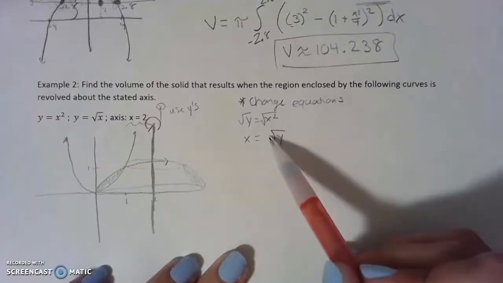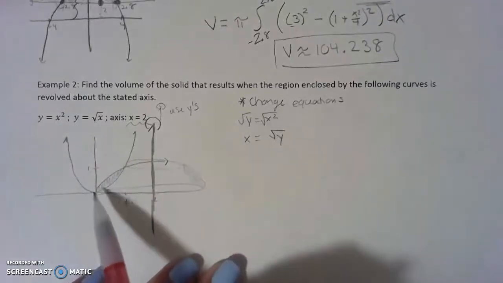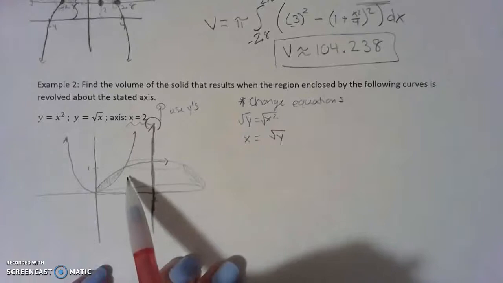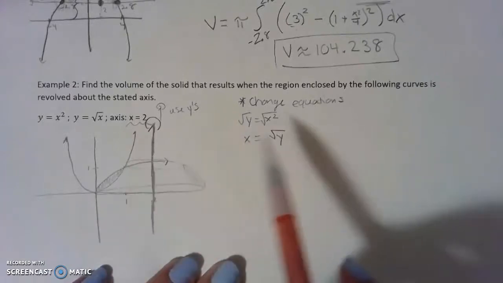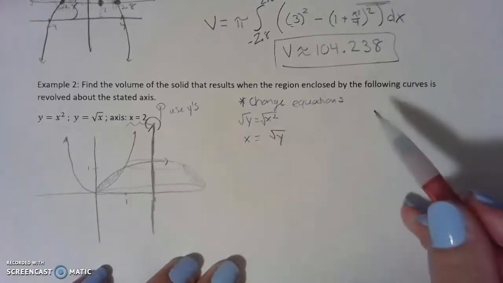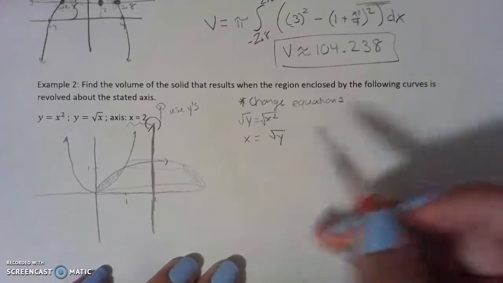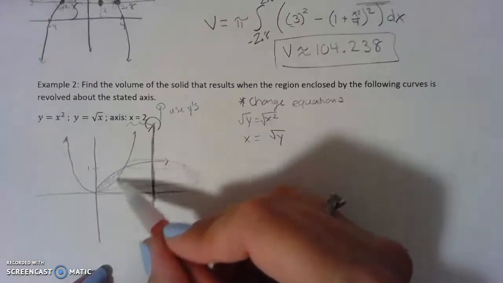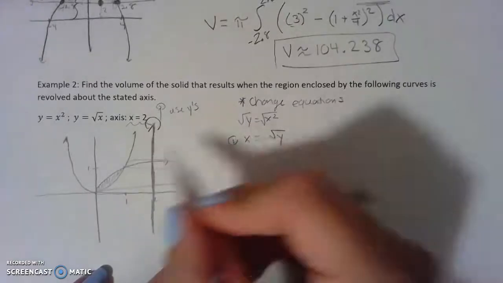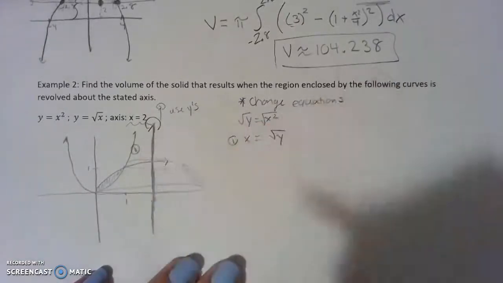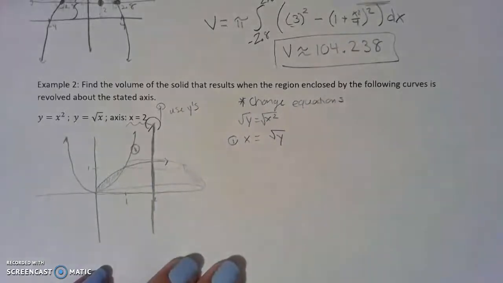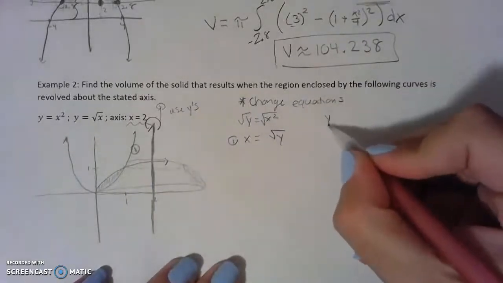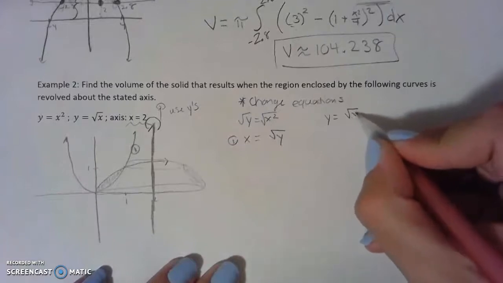Now, usually we would put a plus and a minus here, but because we're only using the positive side, where this shaded area is, I'm only going to use the positive here. Just a reminder, this was the x squared, so that's this function right here. So I'm going to call this a little 1, and put a little 1 here, so we don't get confused with which one's which. My other equation says y equals the square root of x.